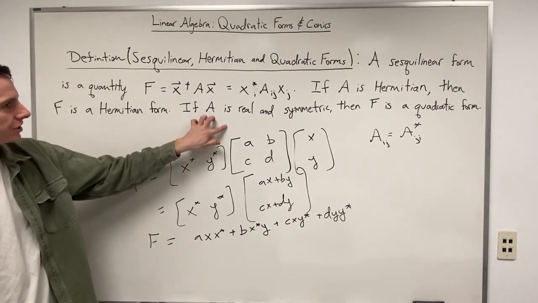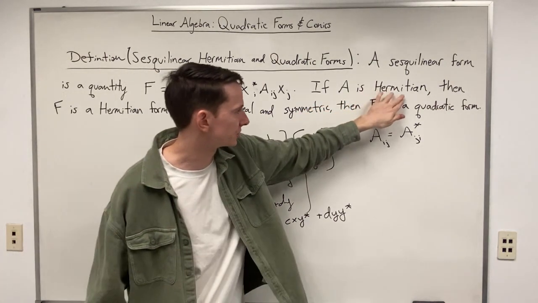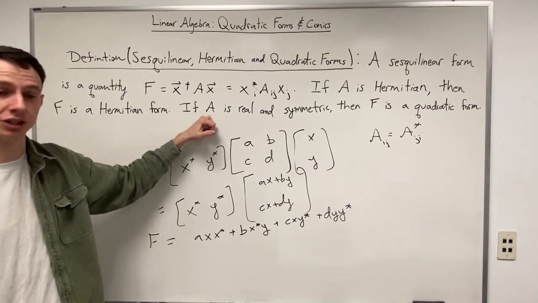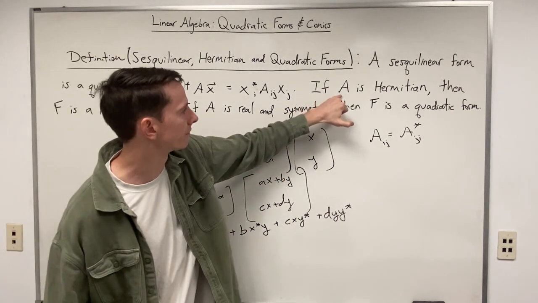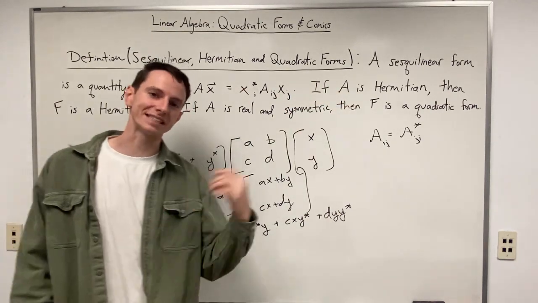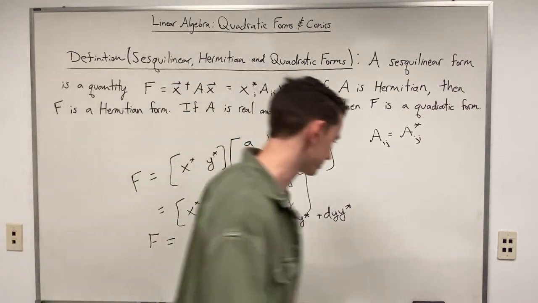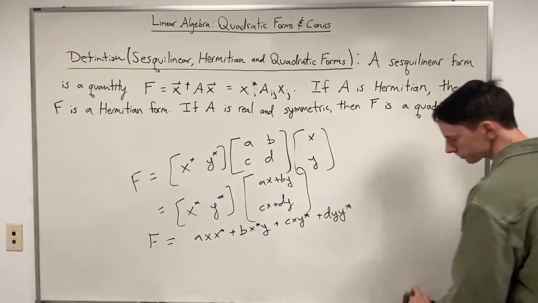And this definition, even though just looking at the words it might look very different from this definition, we can see that this definition is just a slight subset of this definition right here. A Hermitian form is just a slight generalization from a quadratic form. And that's the part that I want to make sure we understand before we move on to anything else.